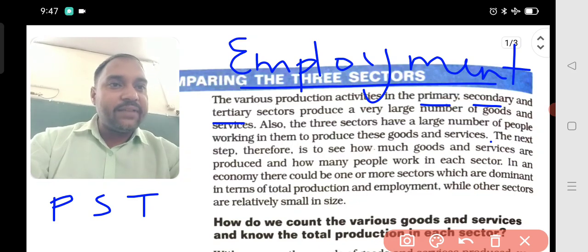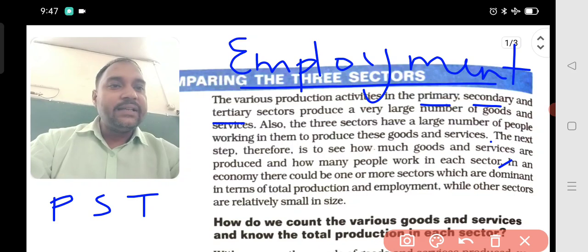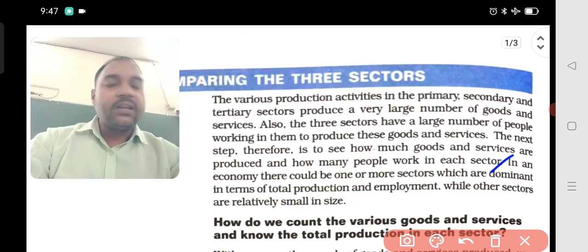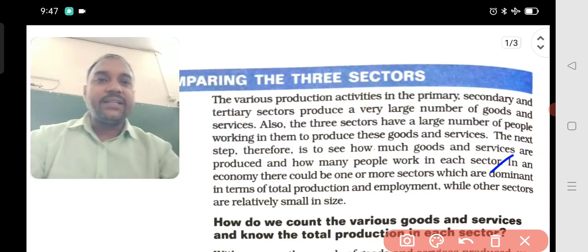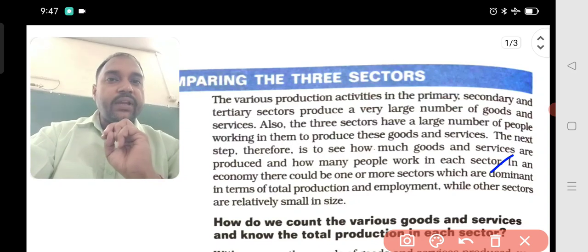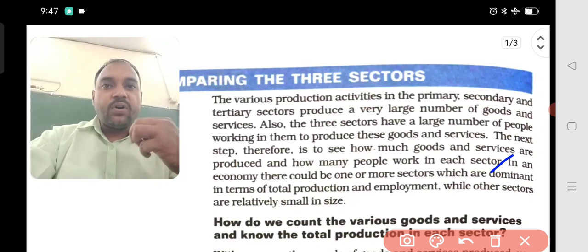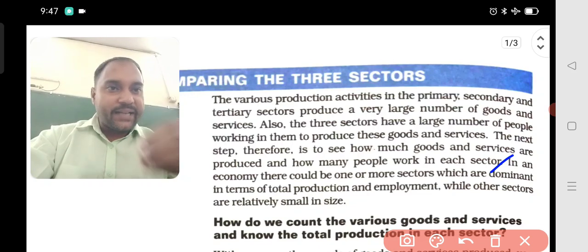The next step there is to see how much goods and services are produced and how many people work in the sector. This line states that the activity of all three sectors is to produce goods and services. Second line says that we require labor force or employed persons to carry on the production activities.